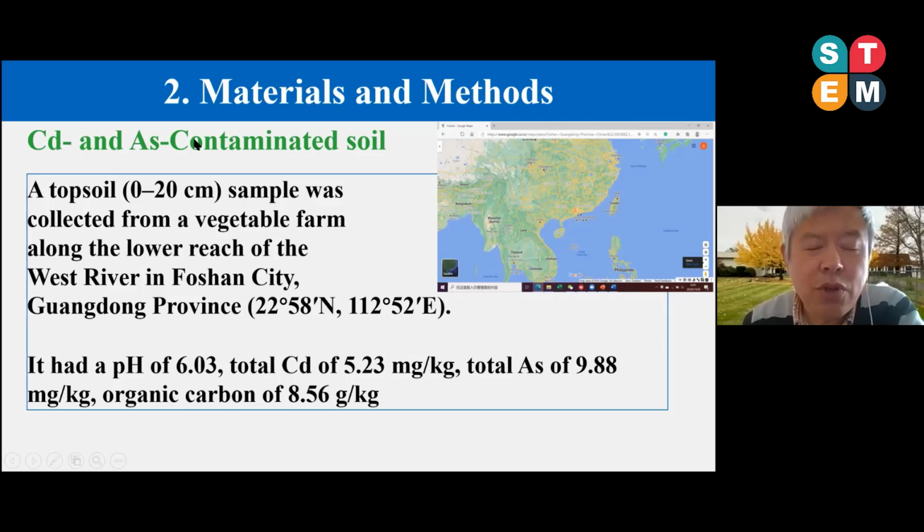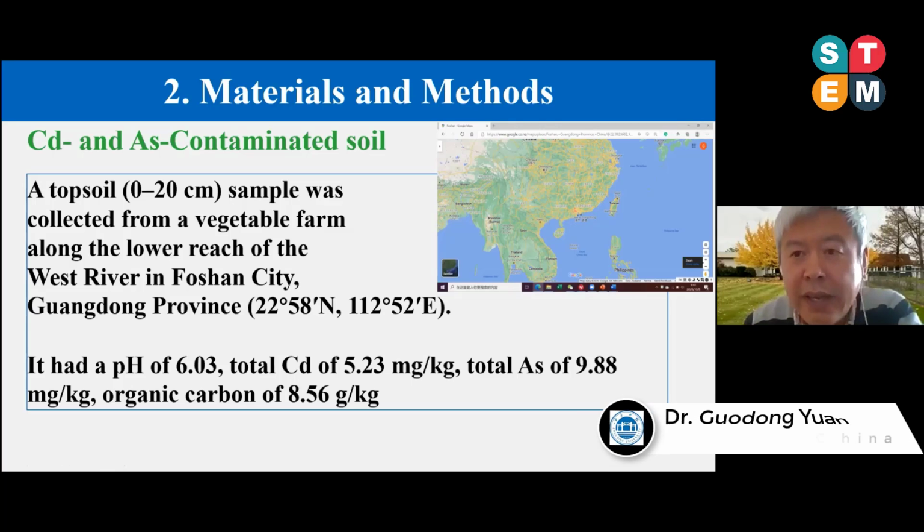And in terms of the soil, we collected the soil sample from a place called Foshan City. It's near Hong Kong, so it's around here. And the topsoil, 20 centimeters, was collected, and it was analyzed in a laboratory for its physical and chemical properties.